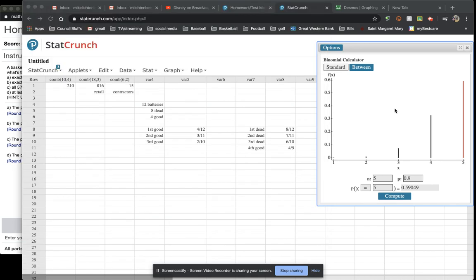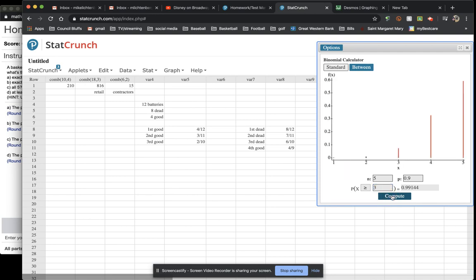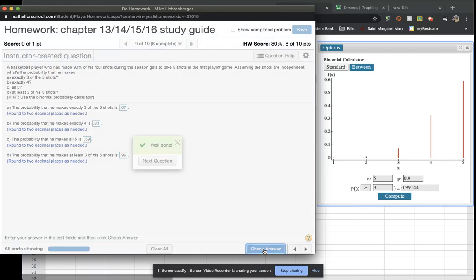So at least 3 means 3 or more, greater than or equal to 3. So the probability that he makes 3 or more would be 0.99 if we round that to 2 decimal places. And that's it.